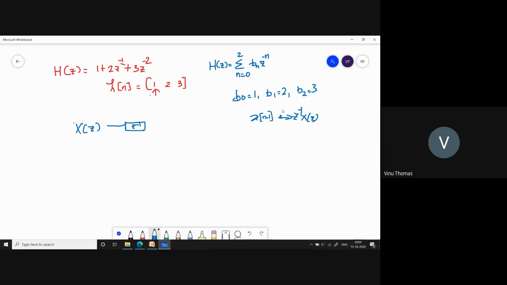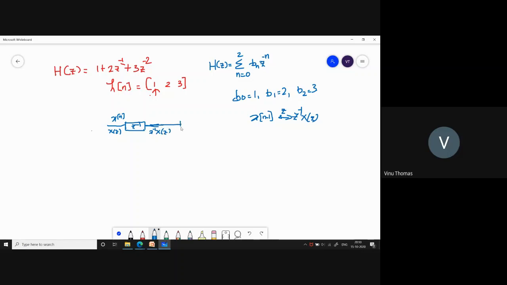So if I represent this input as x of n, in the z domain I have x of z, and here I have z raised to minus 1 into x of z.